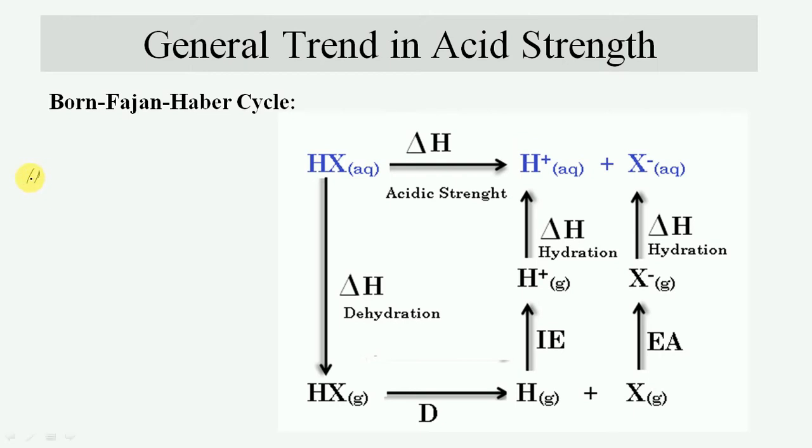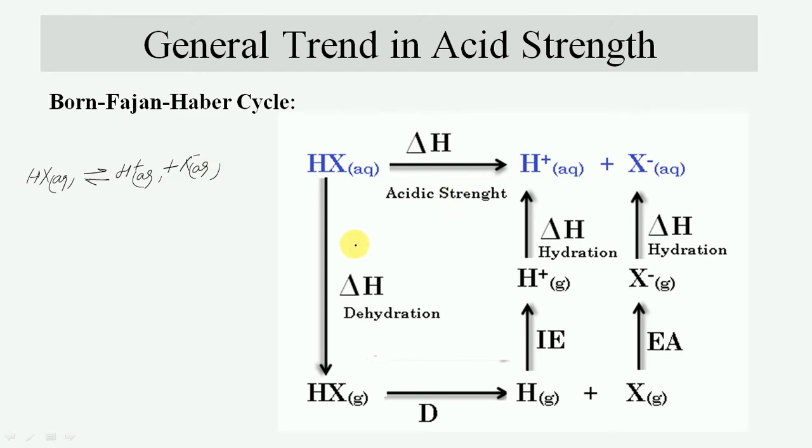Hydrogen halide in aqueous medium will undergo dissociation to give H plus ion and X minus ions. The reaction may be thought of as occurring in the following steps.